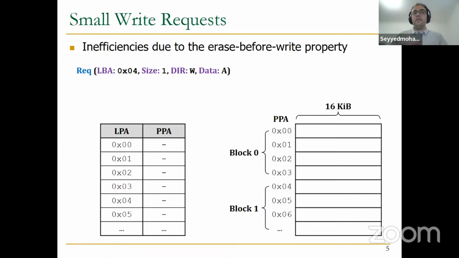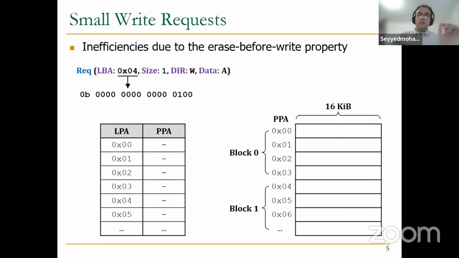As we already covered, if the mapping table is a page-level mapping, you can map a logical page address to a physical page address. The logical page address could be 4 kilobytes to 16 kilobytes, but the physical page address is always 16 kilobytes. So how do we do that?